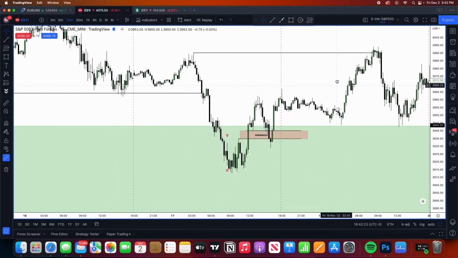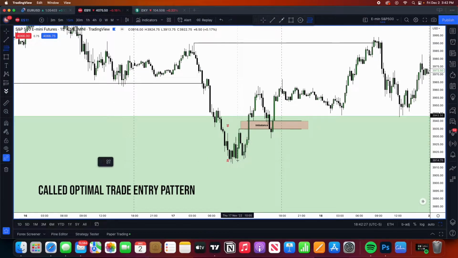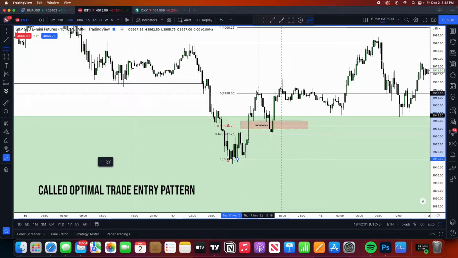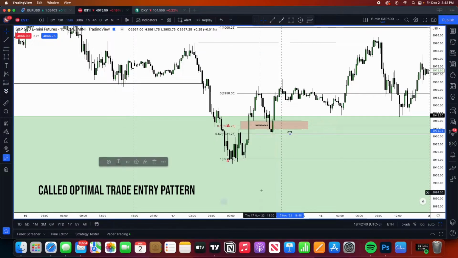So put your Fibonacci in. This is the second technique, which is based on Fibonacci retracement, which is called an optimal trade entry pattern. That's also based on ICT entries.